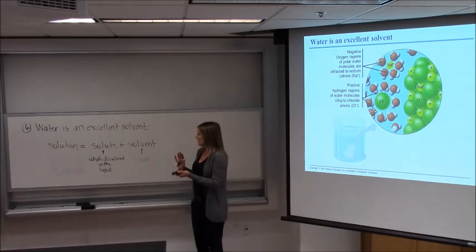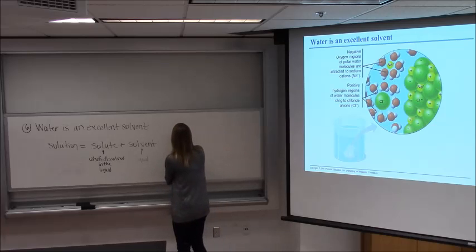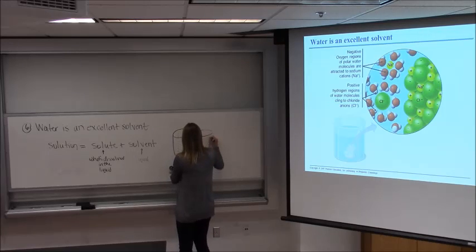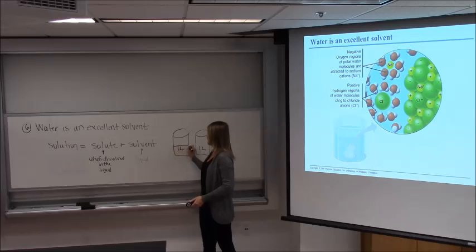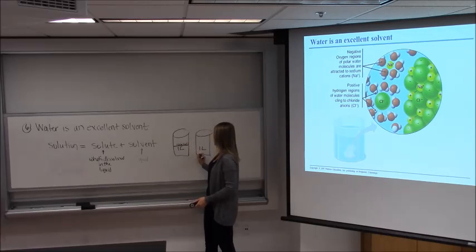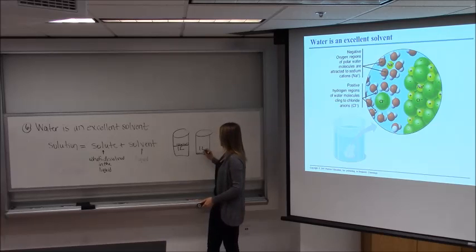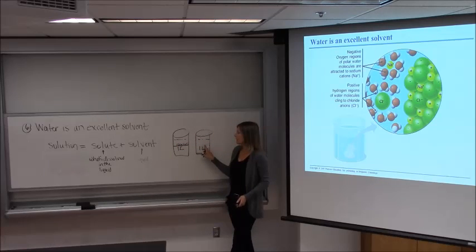Obviously, if you have a fixed volume, so say you had a 1 liter solution, okay, and in this one, we're going to put 100 grams of sodium chloride. And in this one, we're going to put 1 gram of sodium chloride. Even though these are both a 1 liter solution, this one obviously is not going to be nearly as salty as this one.